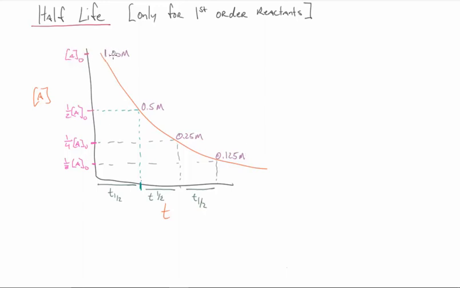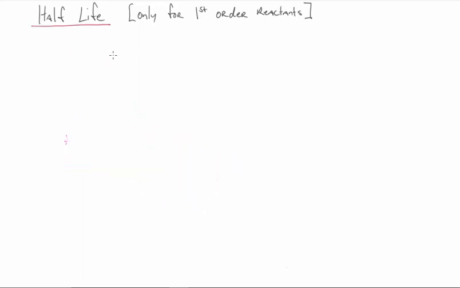Now, there is a more complicated side to this, and we're going to get into our integrated rate law. I'm going to write it on the screen here: the natural log of A at some given time equals negative rate constant times time, plus the natural log of my initial concentration. I'm going to move some things around.